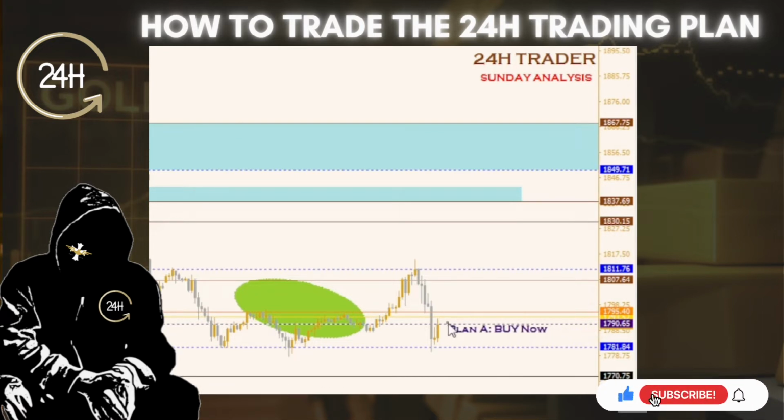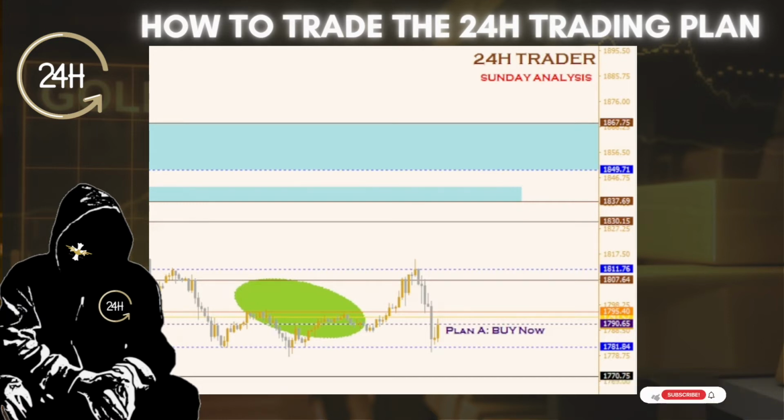There is a possibility that the market will bounce on the pivot point, but of course it also depends on the market condition. You can see that the pivot point is actually located on the strong 1 hour resistance, right here.